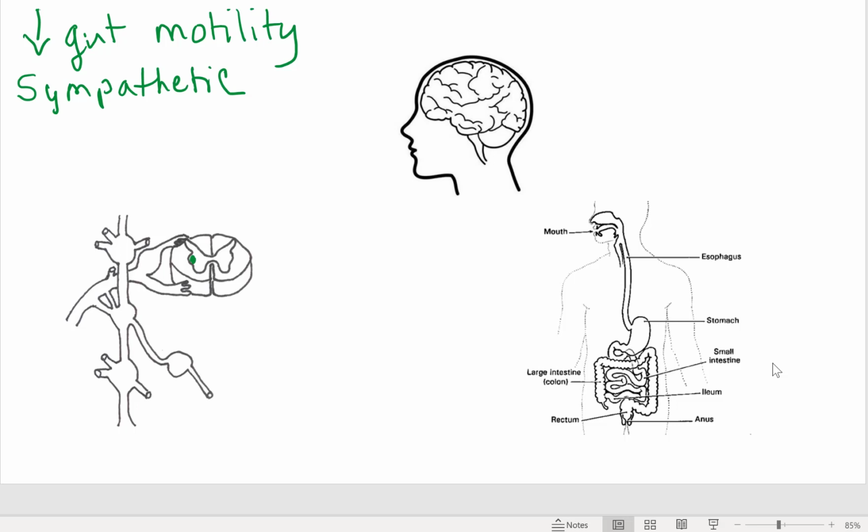Now, all parts of our gut happen to be below the diaphragm. And last week, we talked about options that the preganglionic and postganglionic fiber or axon had as part of these pathways that I said we would draw again today. So the preganglionic cell body is found in the IMLCC at levels T1 through L2.